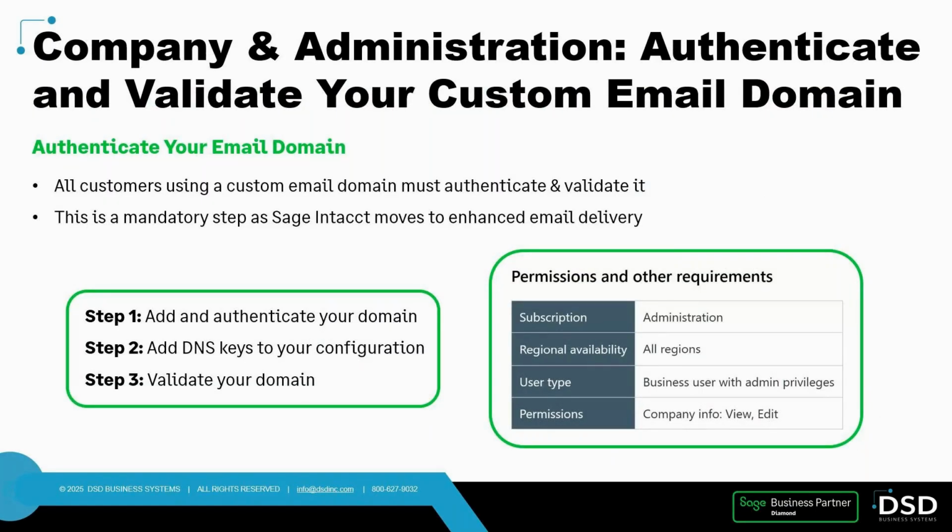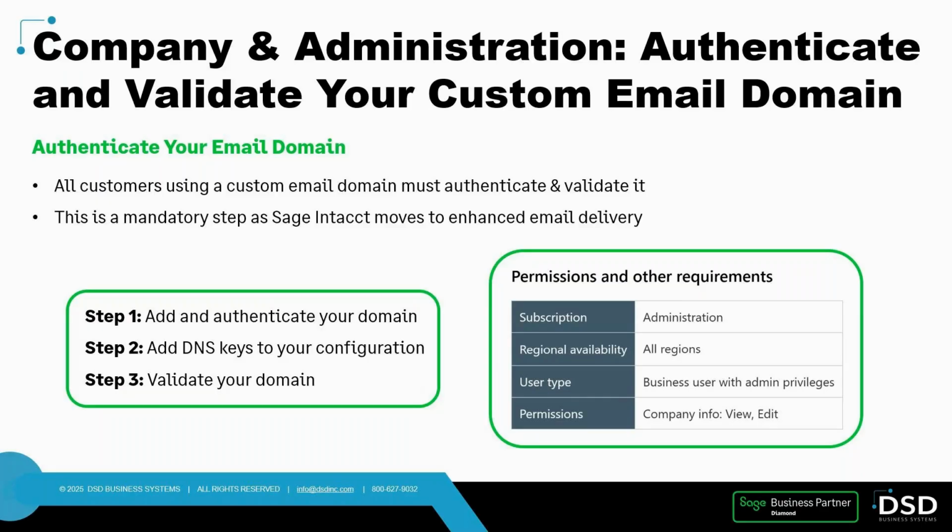So some action required if you have custom email domain set up in your environment. You've probably been seeing this reminder popping up on your screen for the last few months. So please make sure you authenticate and validate your custom email domains if you do use those. This can be done in 3 easy steps.